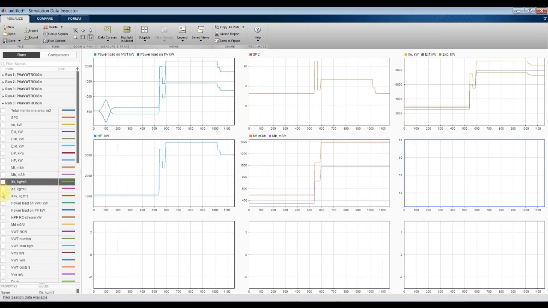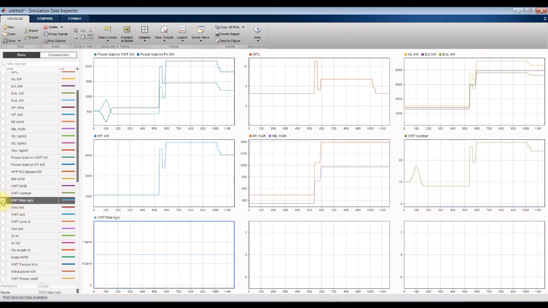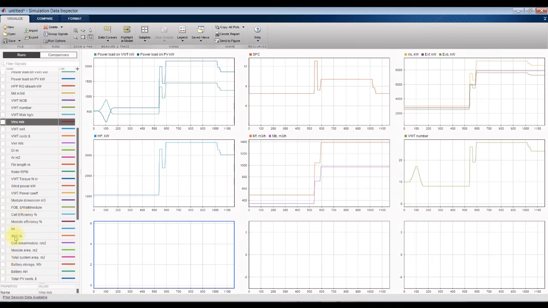Okay, let's go for number of vertical wind turbines, mass flow rate, air.